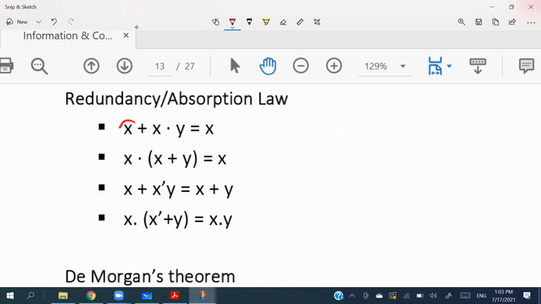So here x is alone doing the plus operation with x again with someone else. Right? ඔන්න ඔය nature එක තියෙනවා නම් we can straight away write x. And the other one, the x is alone, x and y is doing the operation.